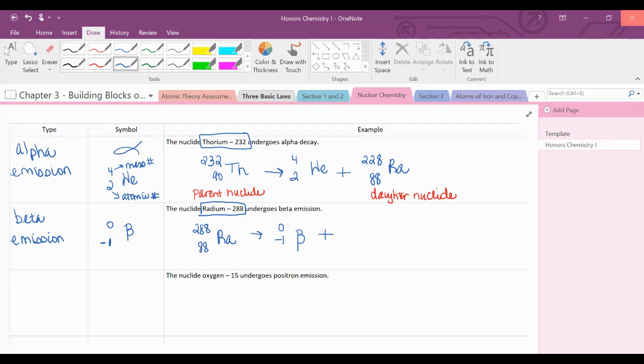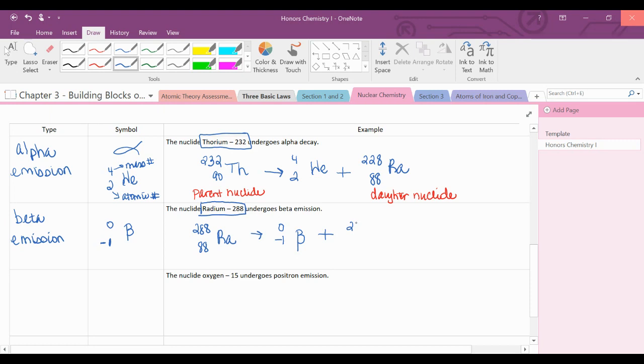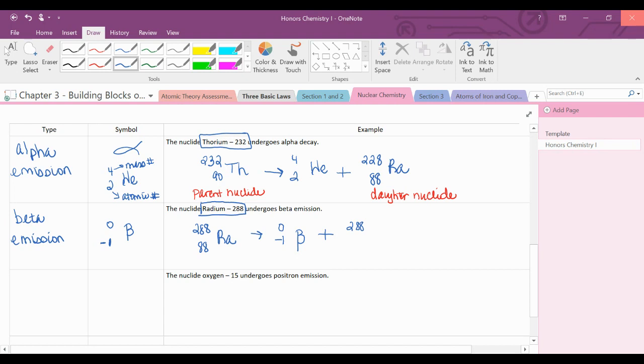So we're going to write the symbol for that beta particle. All right, so then we need to figure out the daughter nuclide. So again, if I take the mass number of the reactants and I subtract the mass number of my product, this will give me the mass number of my daughter nuclide.